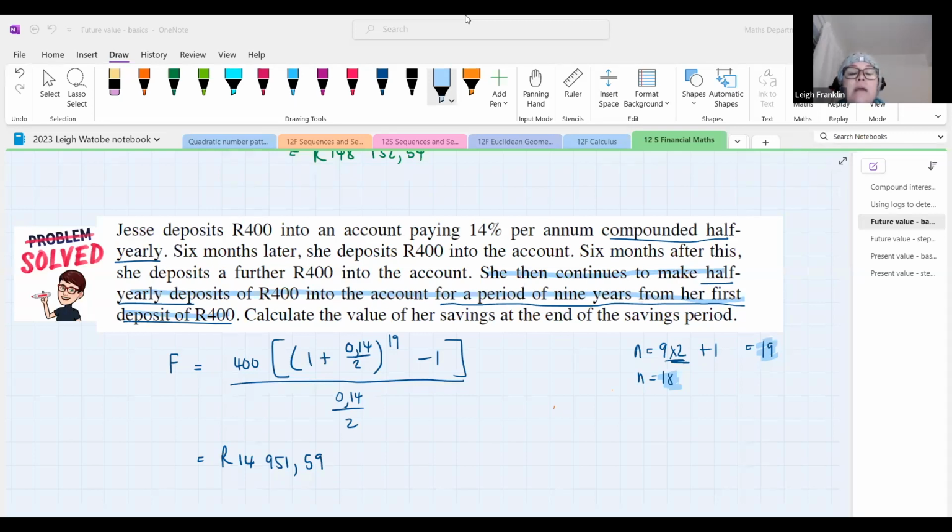Sometimes, yes, you'll add it in. Let's find an example where you don't have to add that one, because I think that is confusing. Let me just see if I can find one.